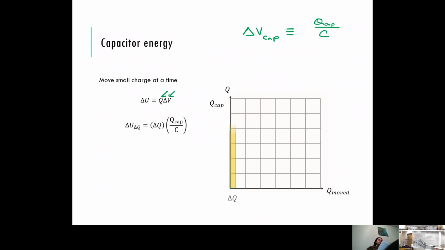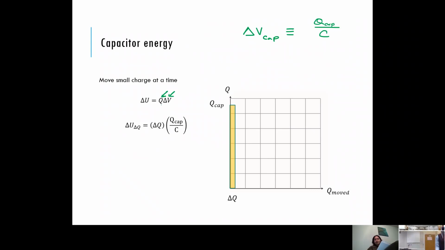Okay, so the question is, can we figure out how much energy is released if I take all of the charge from the top plate and deposit it on the bottom plate? Let's say delta Q represents that tiny amount of charge that I pluck off of the top plate and drop onto the bottom plate.